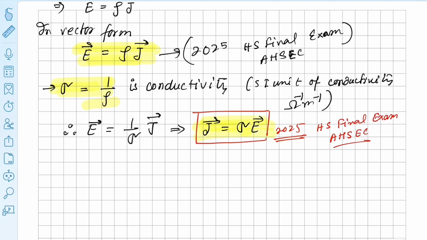This is also a very important result, and this was asked in 2025. Now here you see, this relation is called the vector form of Ohm's law or the microscopic form of Ohm's law.